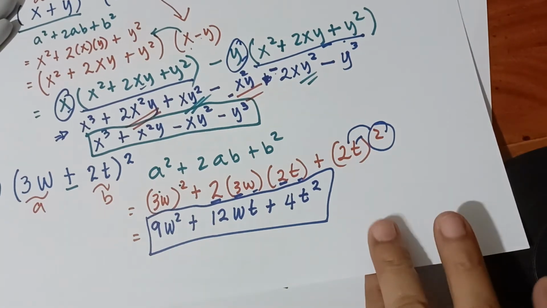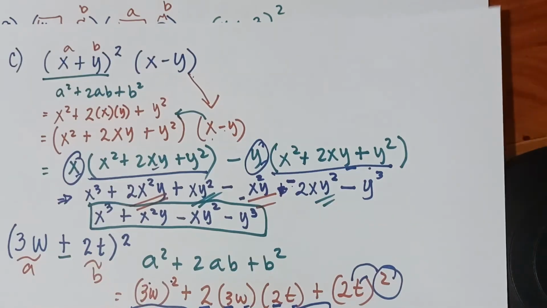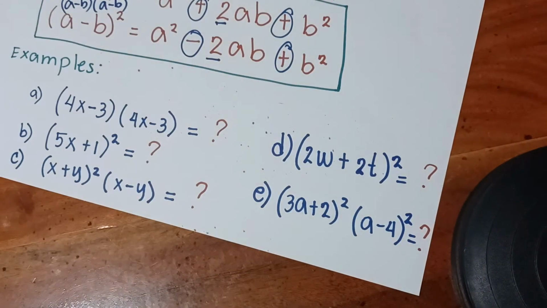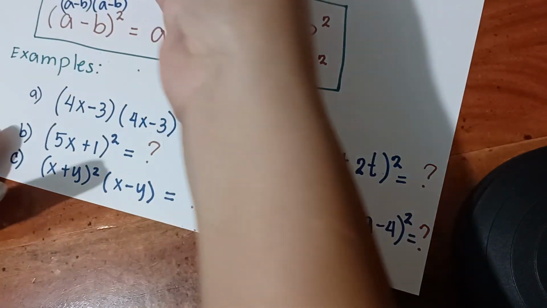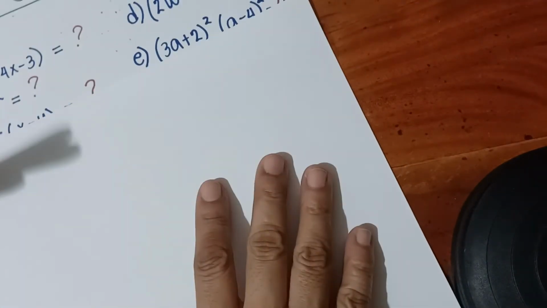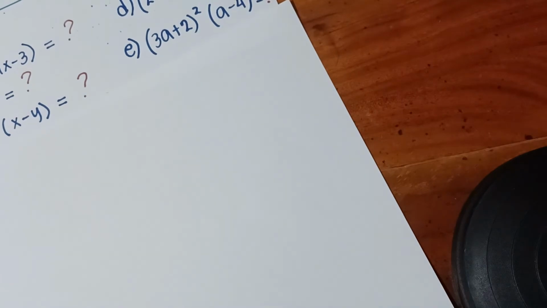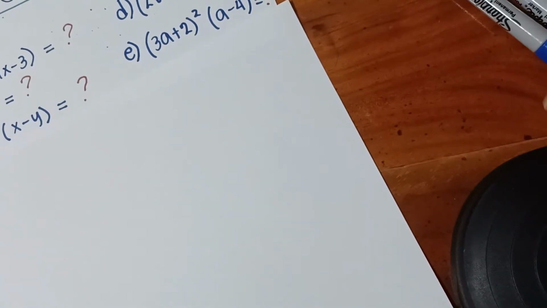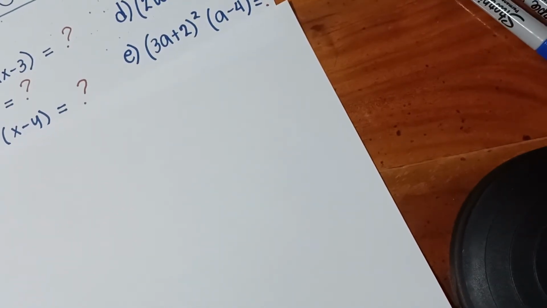Okay, next, the last is, what if we have the same thing. This. What would happen if both are binomials? Okay? We will be multiplying perfect square binomials.